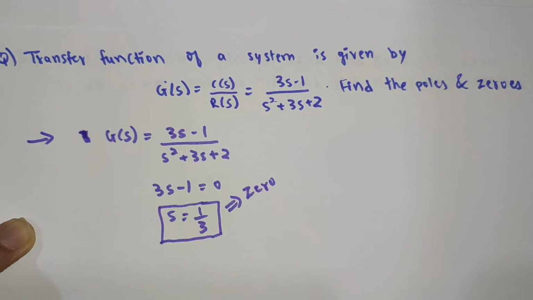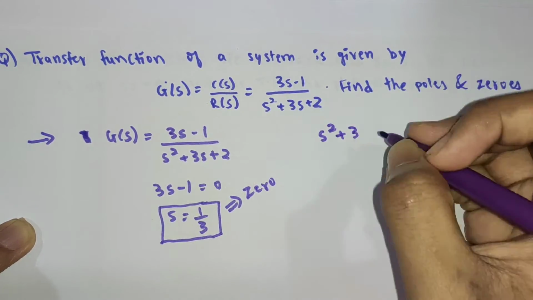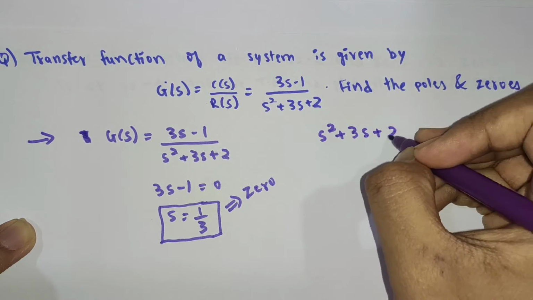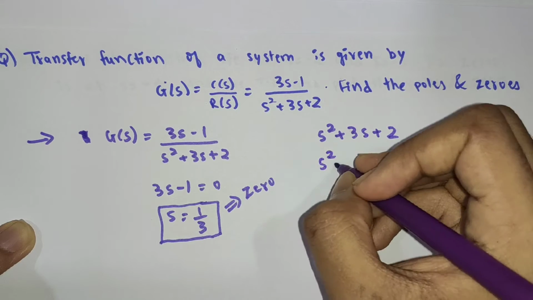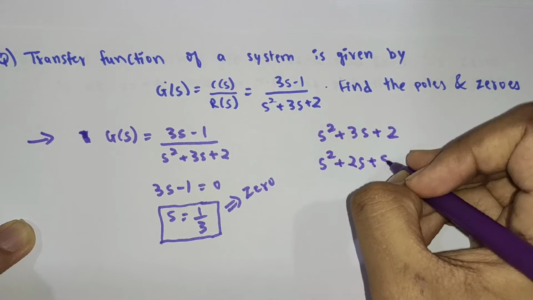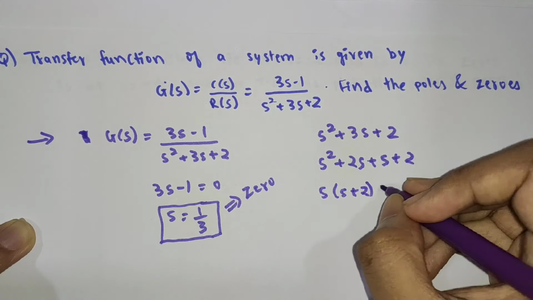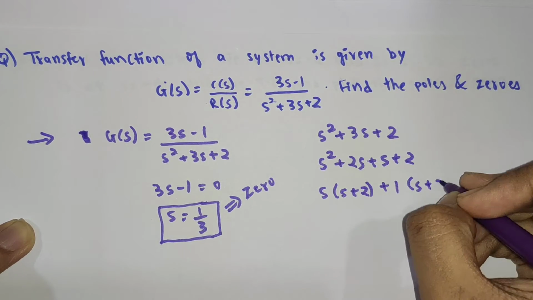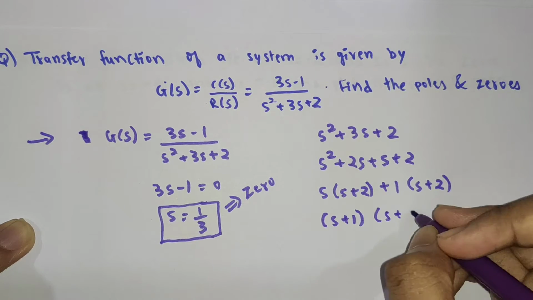And now to find the pole, you have to equate the denominator, s square plus 3s plus 2, to 0. So let's solve it. s square plus 2s plus s plus 2. This is the simple mathematics that we have already learned in the lower classes.